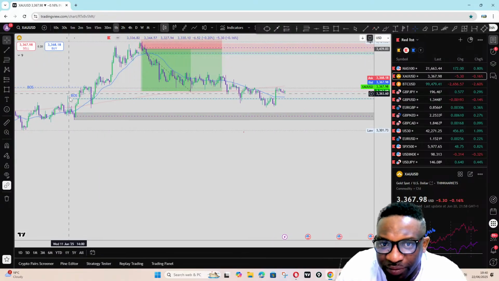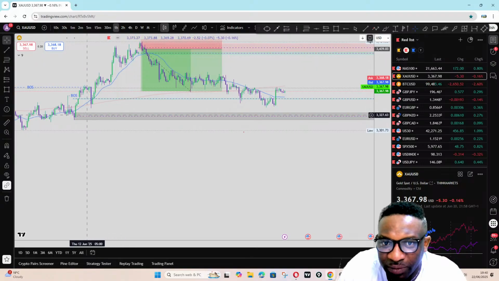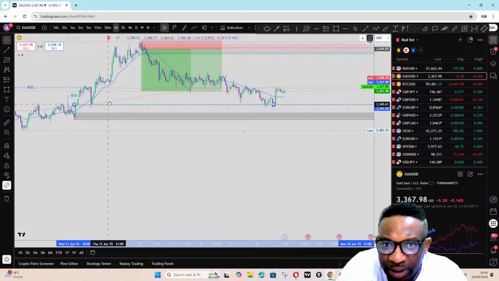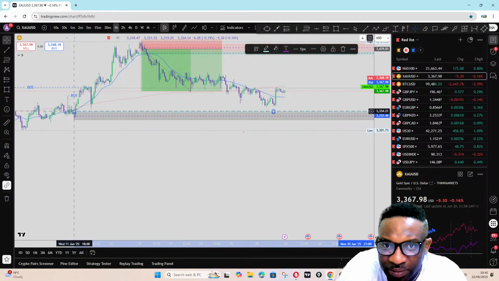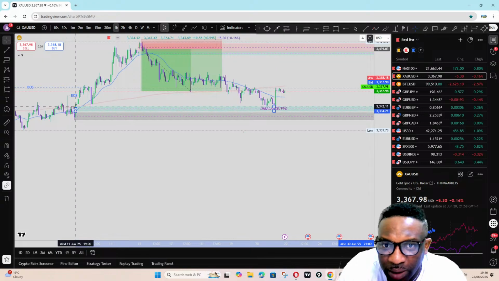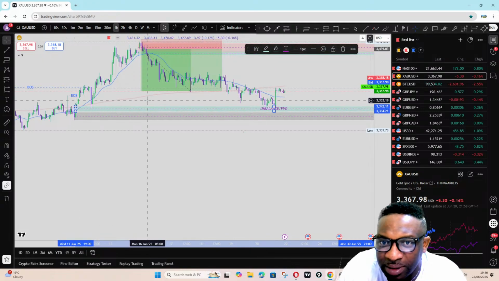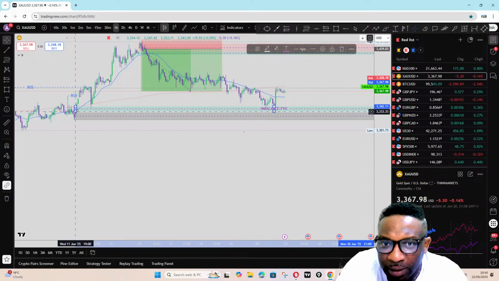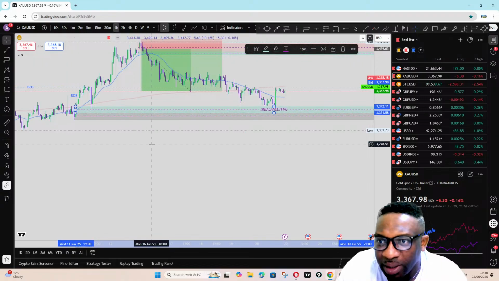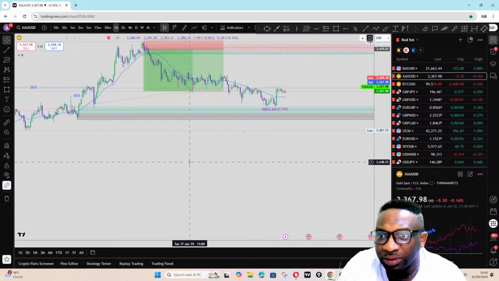So we have this break of structure here with this our new area of demand that we've identified, and this is also our new area of imbalance that we refined to.